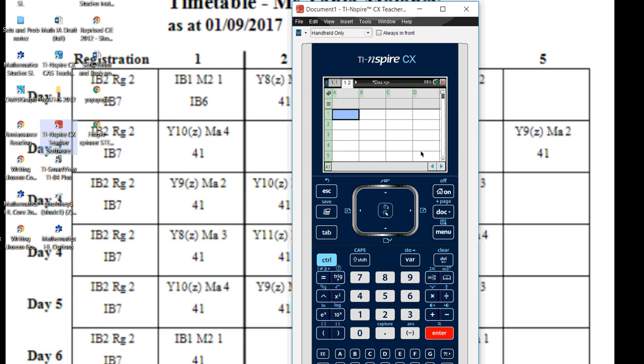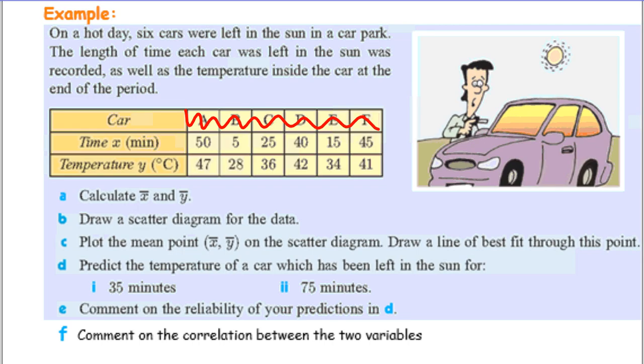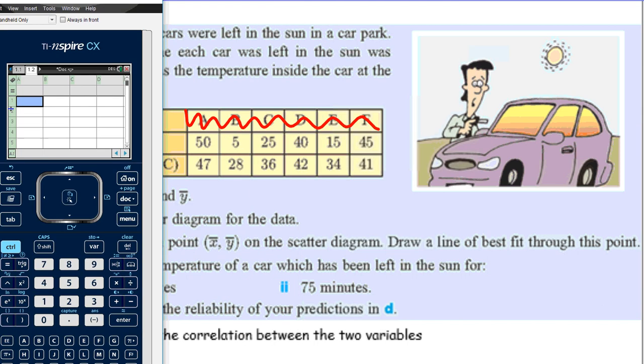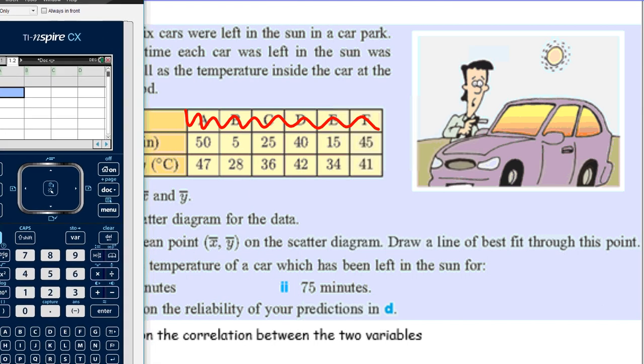You can go up and give it a little heading, just so you can keep track of what's going on. So here's your time.